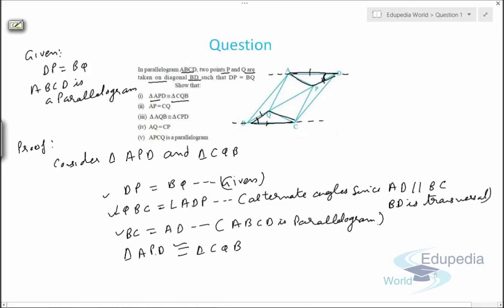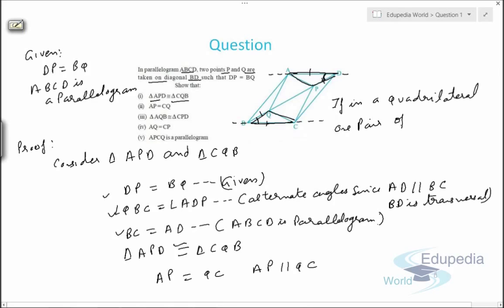Now since these triangles are congruent, we can say that AP equals QC and AP is also parallel to QC. So if in a quadrilateral one pair of opposite sides are equal and parallel, then it is a parallelogram.